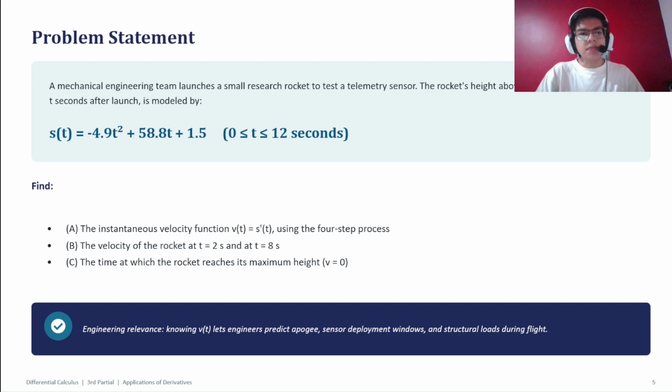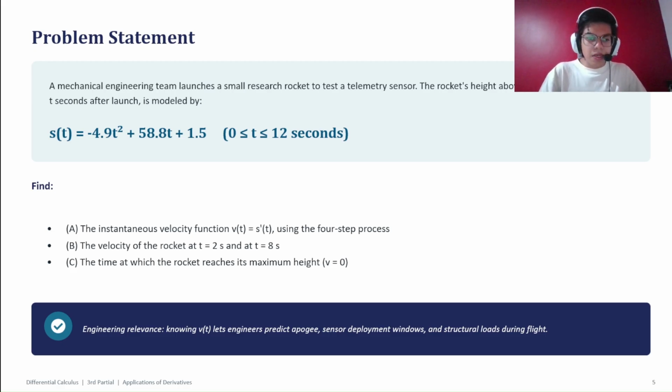Problem statement. A mechanical engineering team launched a small research rocket to test a telemetry sensor. The rocket's height above the ground, s(t) meters, t seconds after launch, is modeled by s(t) = -4.9t^2 + 58.8t + 1.5.